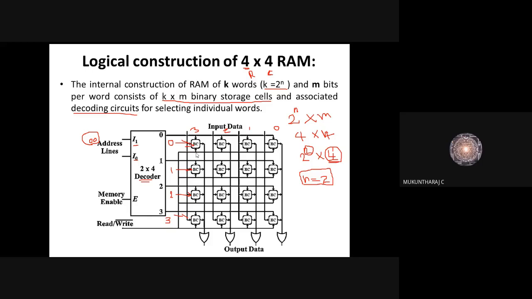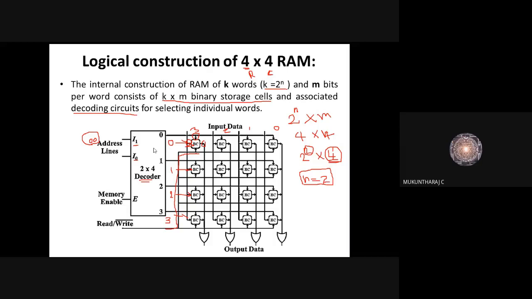Here this particular bottom line is nothing but the read write control signal. Then this one gives the input data, this gives the selection line for this binary cell, and this particular line gives the output of this binary cell.